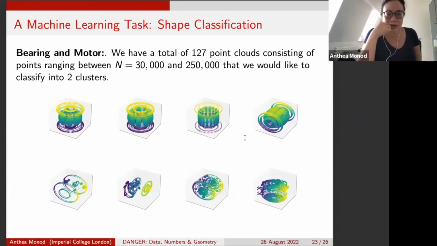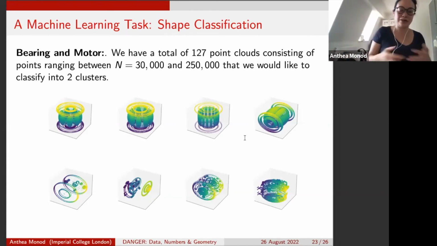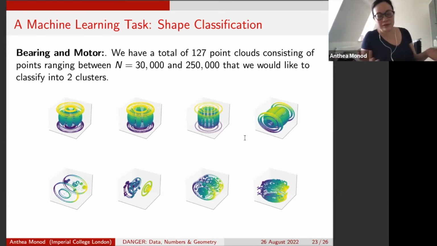We looked at the bearing and motor from this database, and this gave us a total of 127 point clouds. These are 127 representations of these two objects, bearing and motor. The number of points for each of these point clouds ranges from 30,000, where persistent homology is still computable, to 250,000, where persistent homology is not computable.